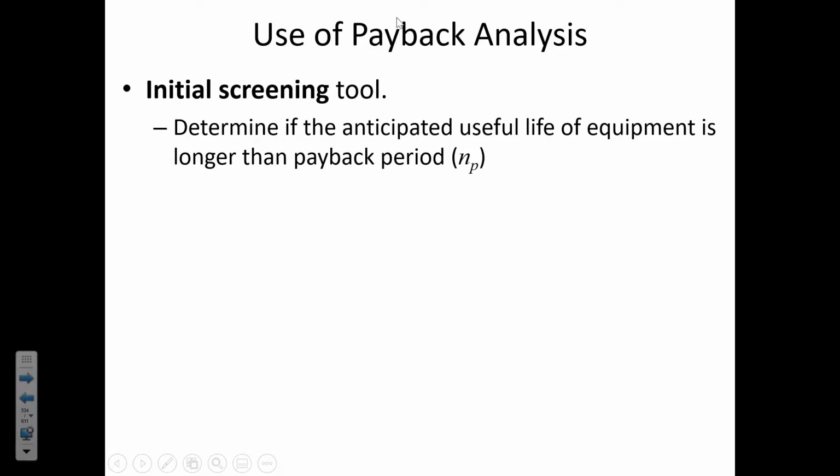We can't use payback analysis to identify the best alternative if we have multiple options. So payback analysis is just useful as a thumbs up or thumbs down, and what we would say is that if the useful life of the equipment is greater than the payback period, then that's potentially justified.